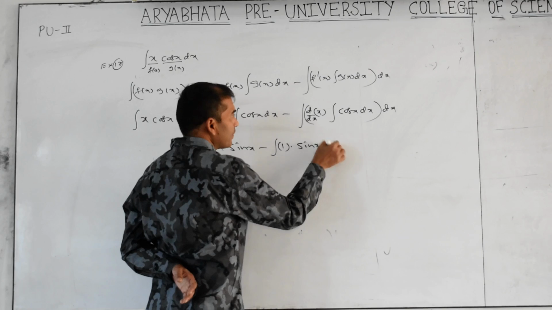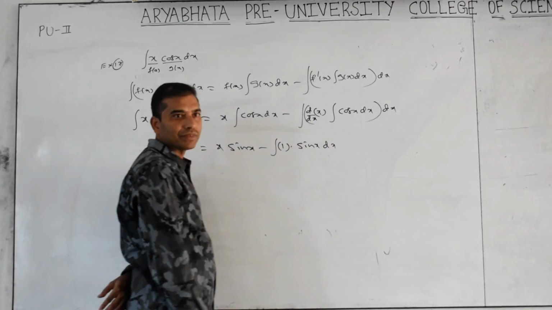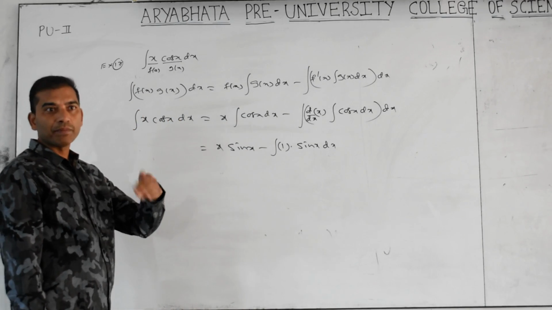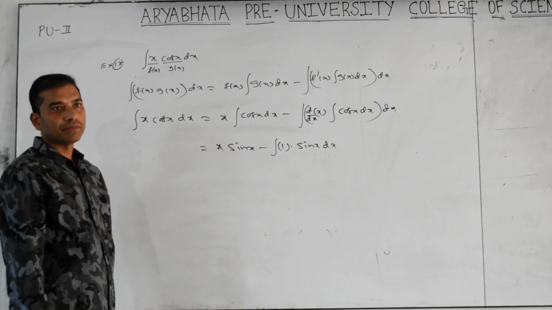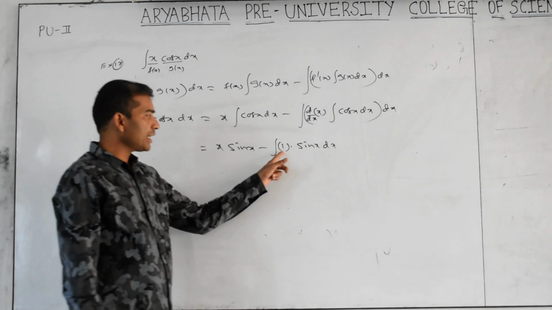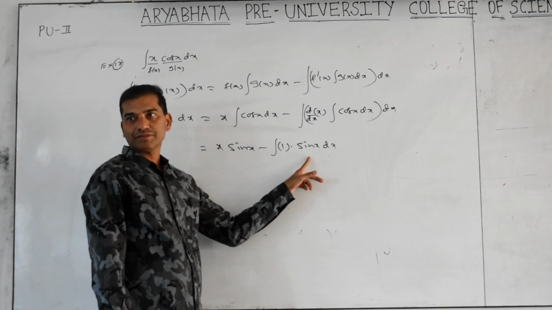See, the differentiation of the first function should become constant by applying the product rule, so that at the end we get a single term and can find the integration.